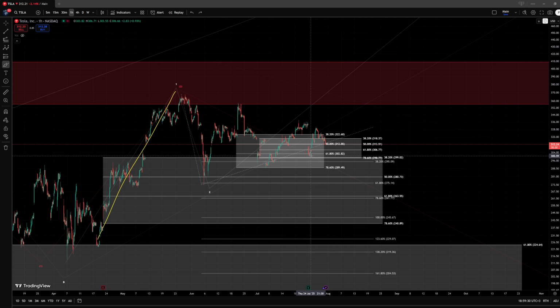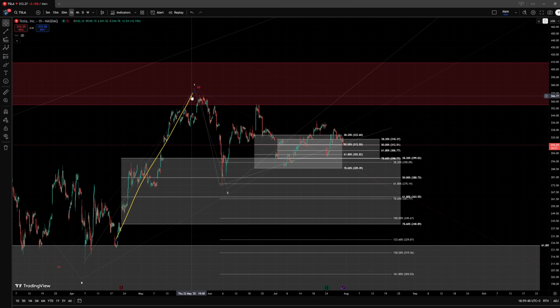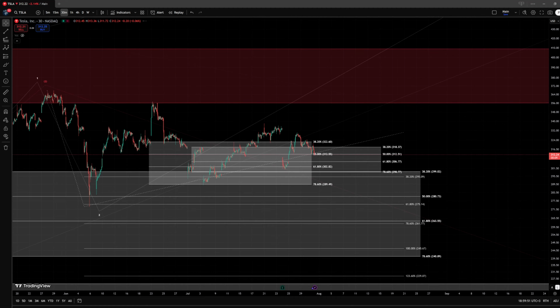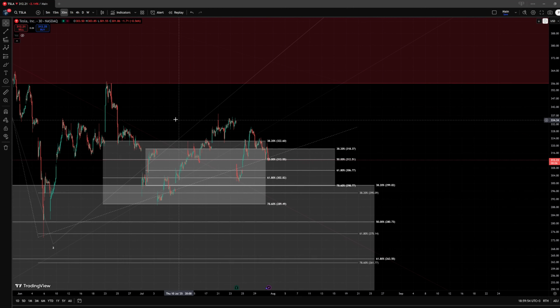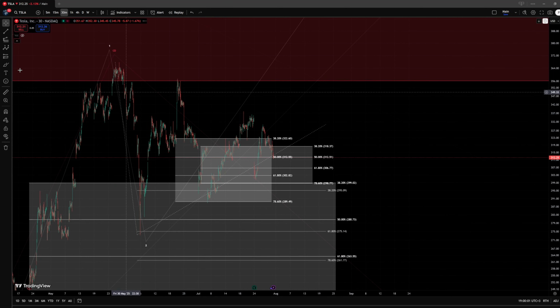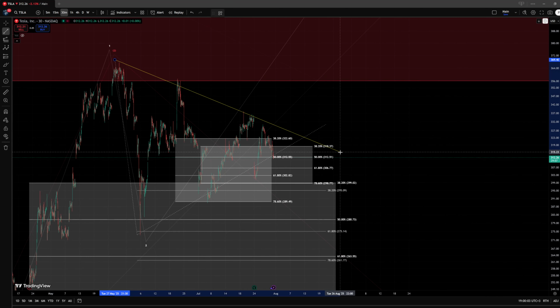Then we would have in our C wave our first 1-2 setup here, instead of having a series of 4 1-2 setups. I'm not saying it's impossible that we do actually have a series of 4 1-2 setups. I'm saying it's becoming a bit unrealistic with the latest addition of the fourth. Usually when so many 1-2 setups appear, they tend not to play out, especially in a contracting pattern such as this.